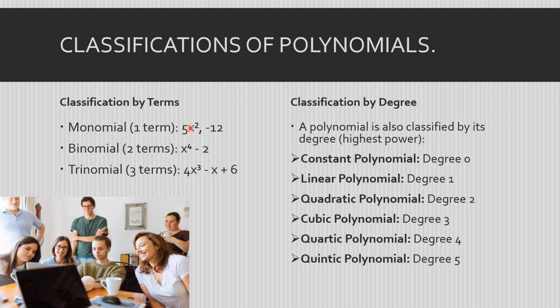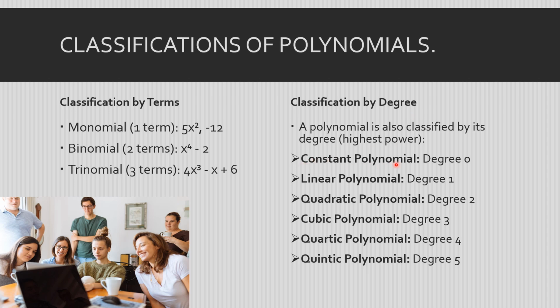So monomial means that we have a single term for the polynomial, binomial means that we have two terms, and trinomial means that we have three terms for the polynomial.